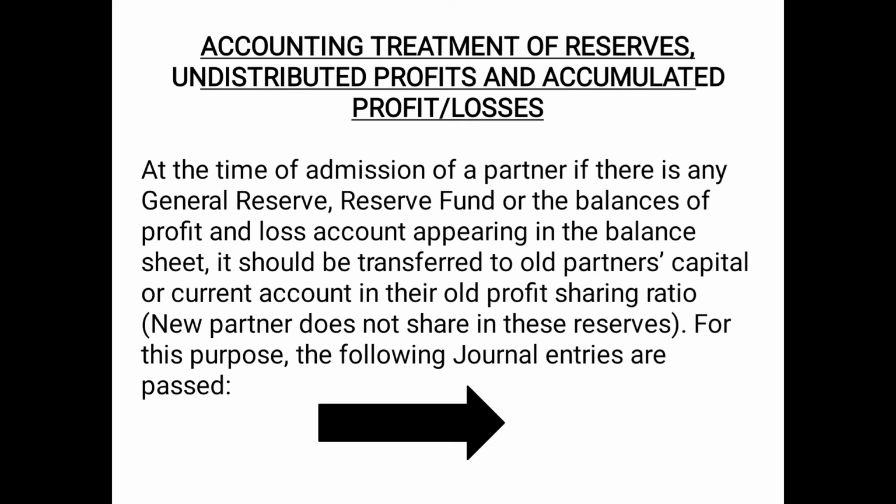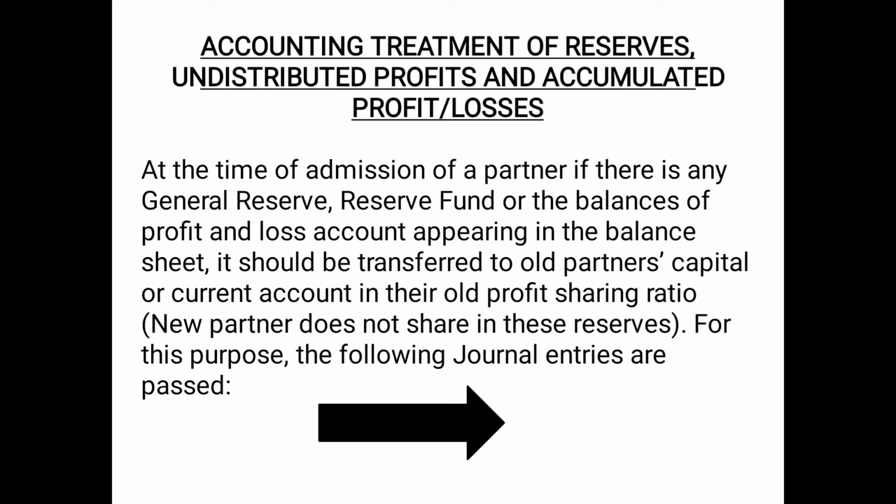Just like we used to write off the goodwill among all the old partners in the old ratio, in a similar manner, we have to distribute all the undistributed profit or any type of reserve, be it general reserve or reserve fund, etc., or any kind of accumulated losses among all the old partners in the old ratio.